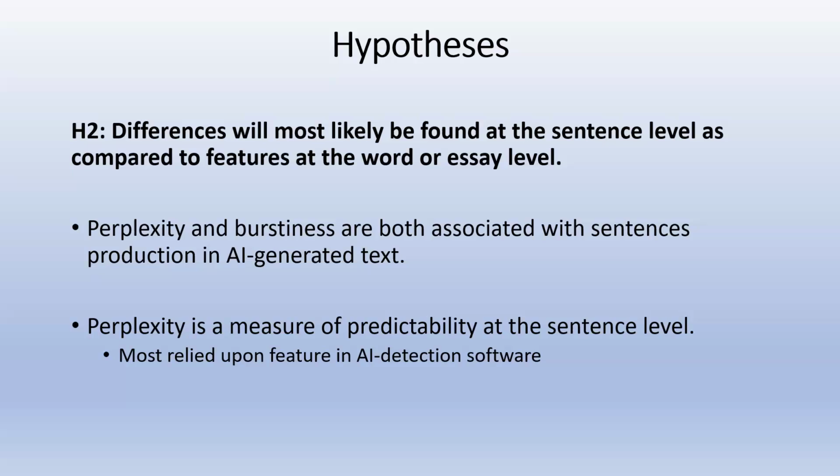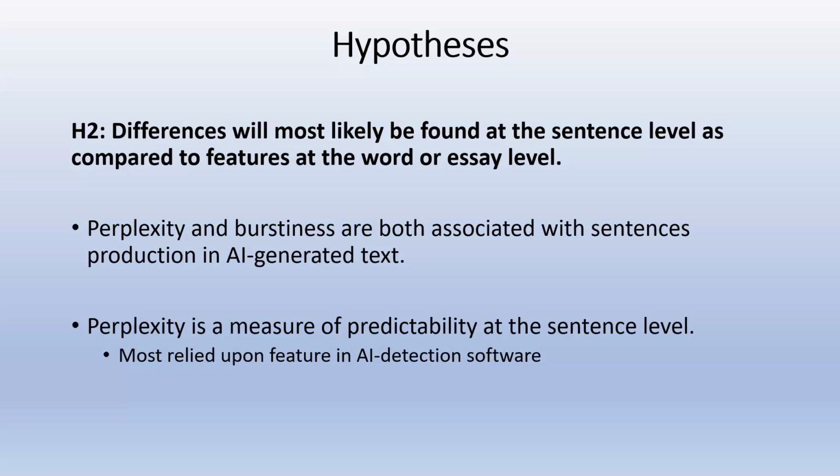And this is due to the fact that these AI detection programs focus so heavily on perplexity, and sentences are really the only level that is tested that can be measured in terms of perplexity. So perplexity, of course, remember, is predictability.